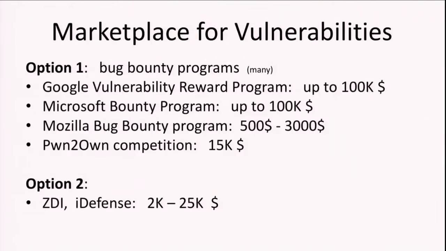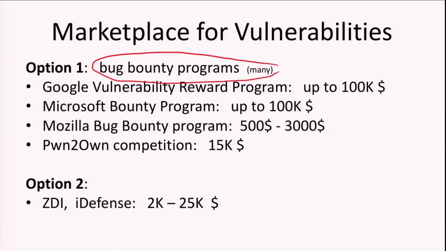But what is more interesting is that by finding bugs, not all bugs are security bugs, but by finding security bugs, you can actually make money. There are 3 ways to make money from bugs in software. The first is a good one: people who do that are called white hat hackers, because they are doing it for good. Different big companies have what is called a bug bounty program.